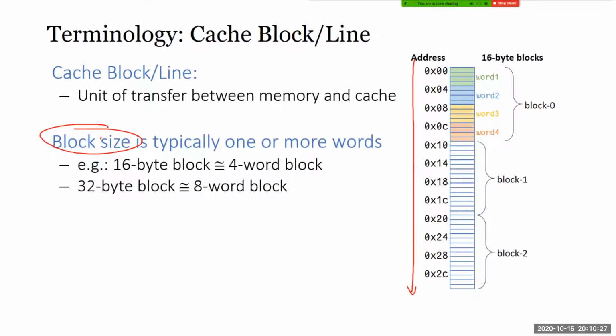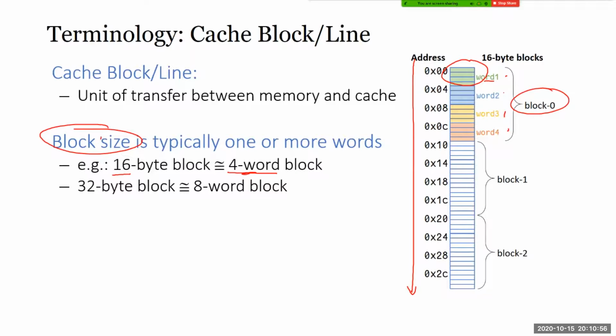Down here, normally we call 4 bytes one word. Here we use a 4-word block: 1, 2, 3, 4.